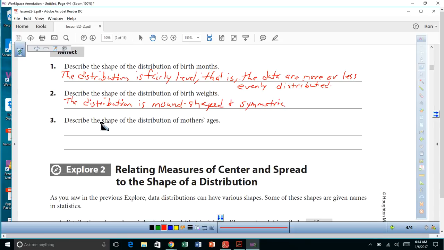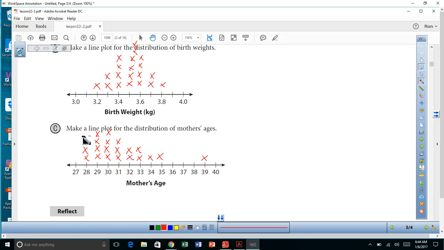Describe the shape of the distribution of the mothers' ages. Okay, so let's see. This one here looked kind of mound shaped. And look at this in here. This is also mound shaped. But the right tail has a lot more of a right tail than the left tail.